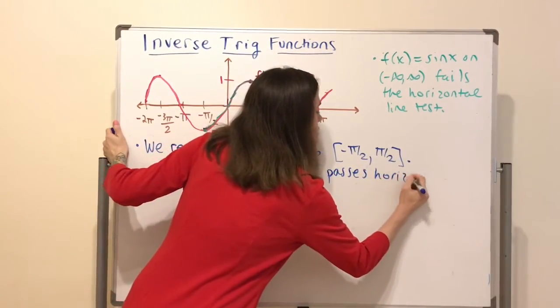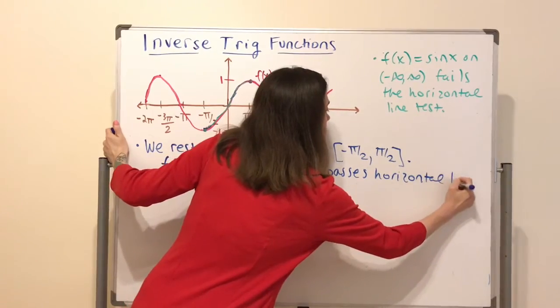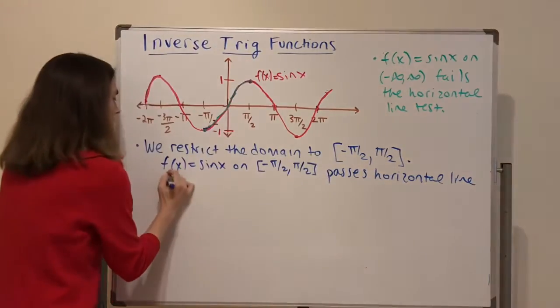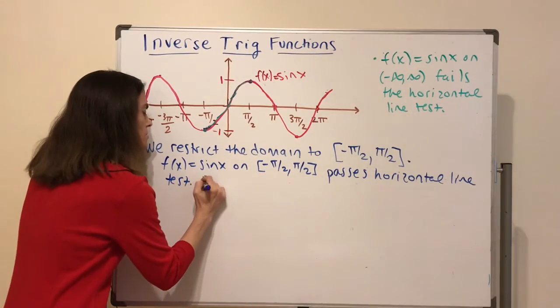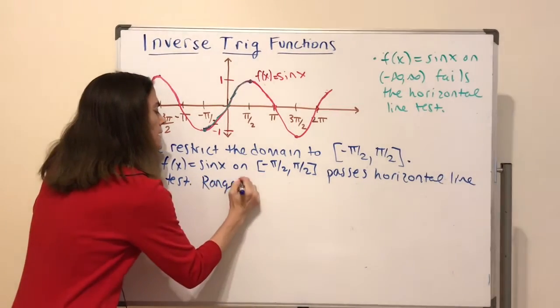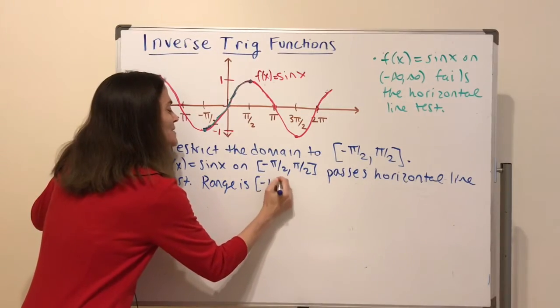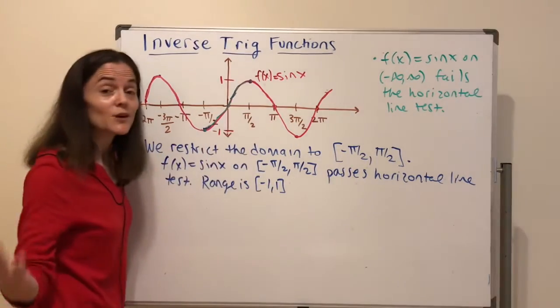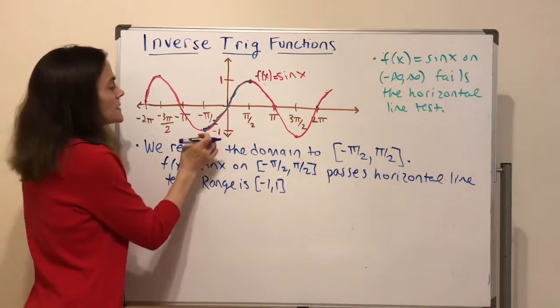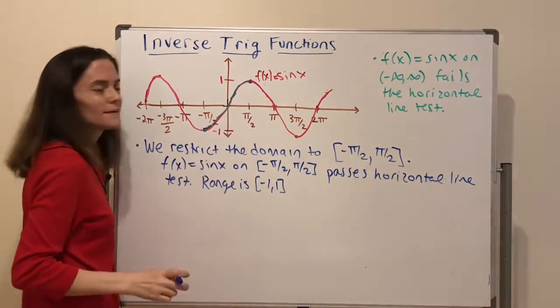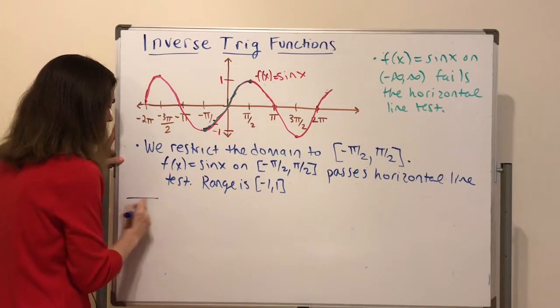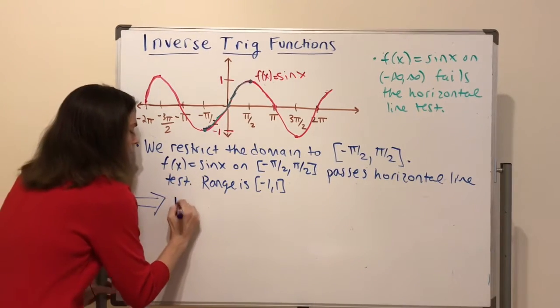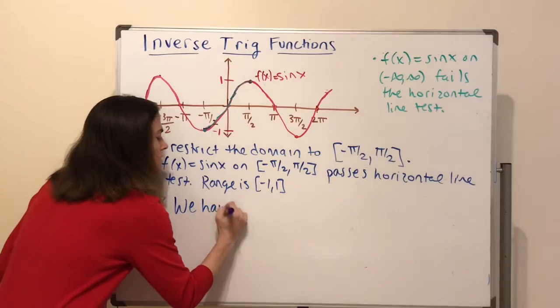This is 1-to-1. And the image, or the range, is -1 to 1. We fill out the entire range of the sine just by looking between minus pi over 2 and pi over 2. And so we have an inverse function.